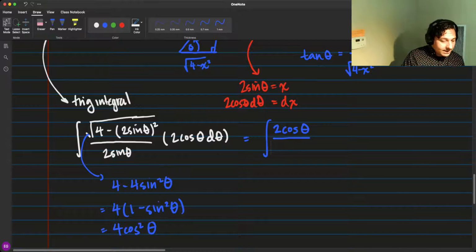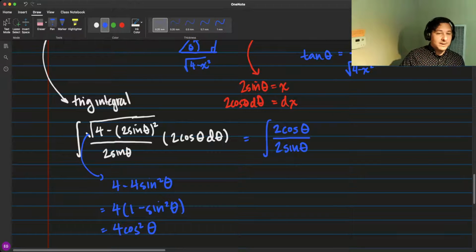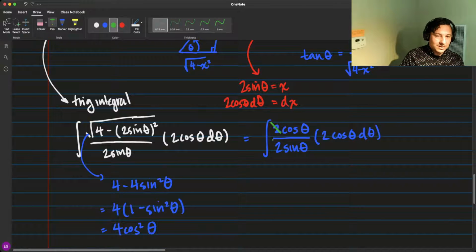And then what is that being divided by? 2 sine theta. And then what are we going to multiply that by? 2 cosine theta d theta. And then you're like, oh, okay, cool, those 2's are going to cancel.